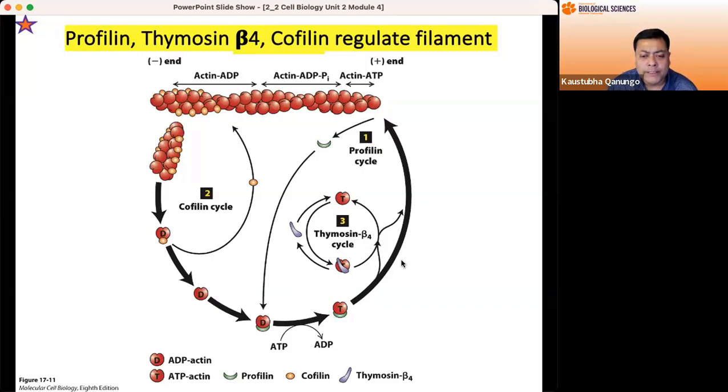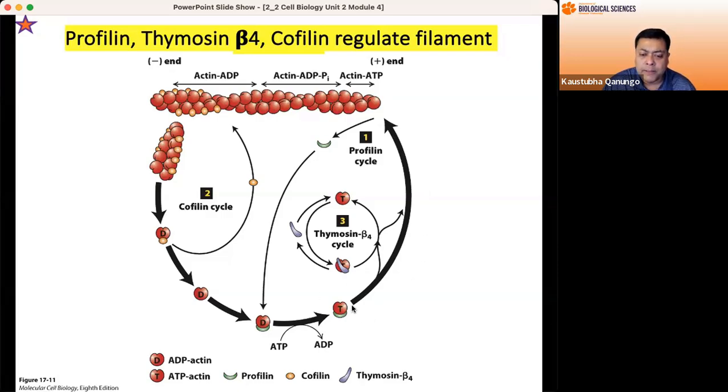But there is always a very large pool of globular actin in the cell that will remain. Now, the problem is that if all these pools are associated with ATP and they are all with the profilin, they will tend to be added in here.